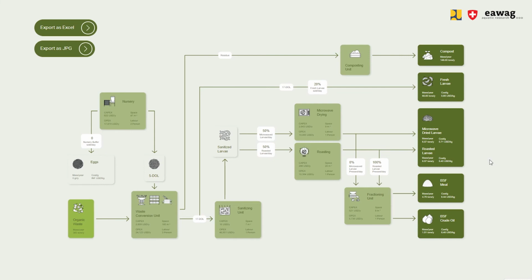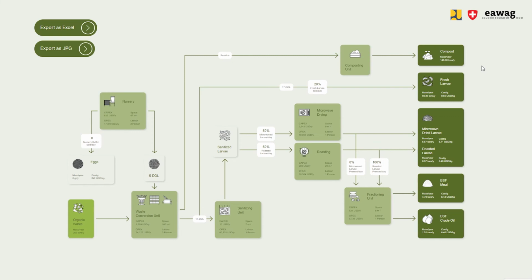So we have these five products here that we expect to produce: compost, fresh larvae, dried larvae, meal, and oil. Now, you might notice that for the compost, there is no cost per kilogram. This is because in the model, we don't focus on adding a cost to compost. We found through our pilot site and with local partners that compost does not really have a value.